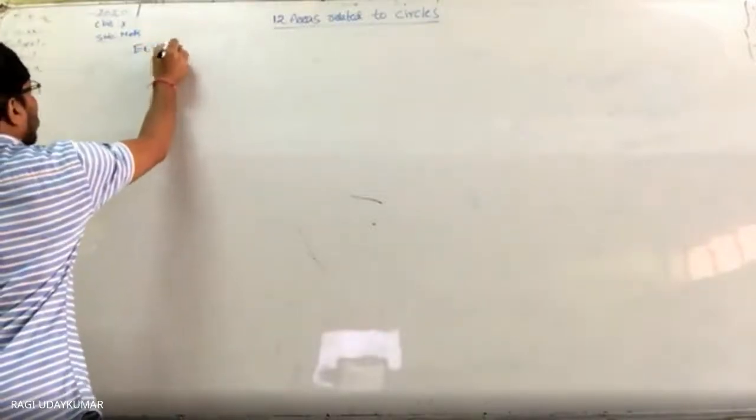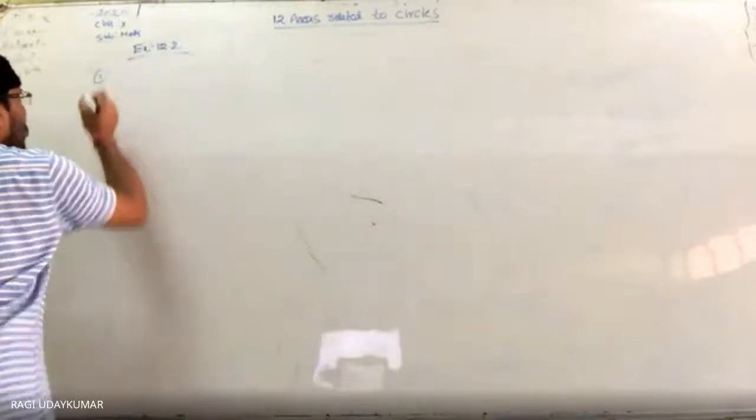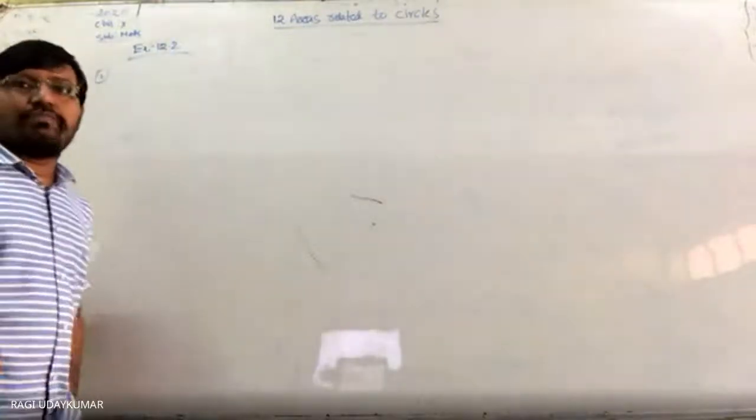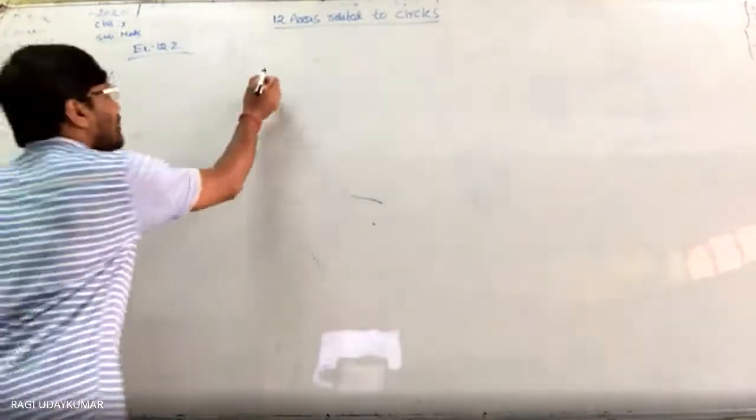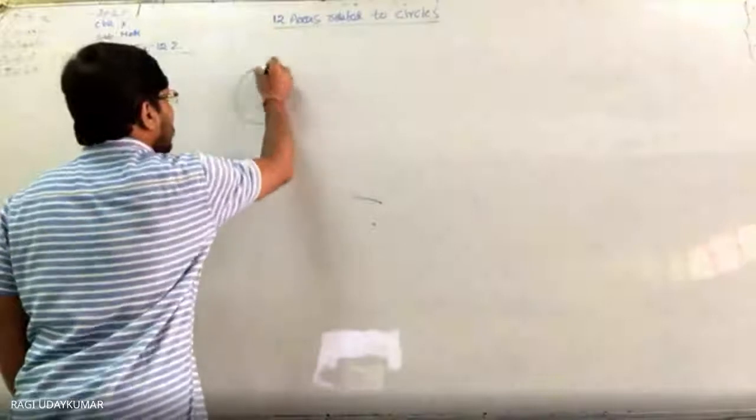Exercise 12.2. So the first problem is: find the area of the sector of the circle with radius 6 centimeters if the angle of the sector is 60 degrees. So 6 centimeters is the radius.